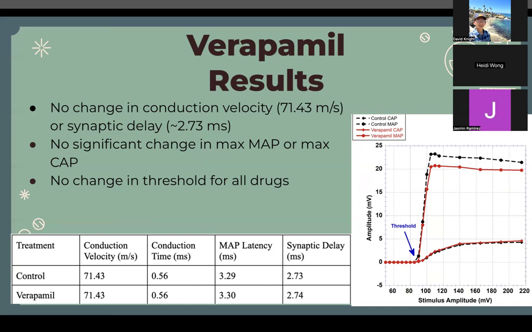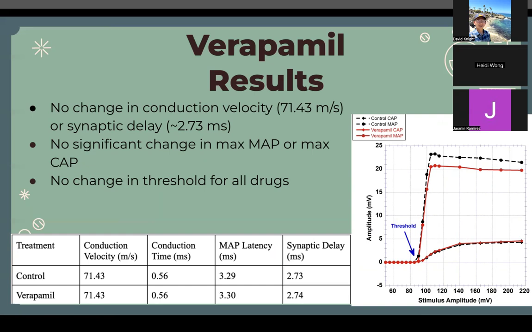There was also no change in the max MAP or the max CAP, along with no change in the threshold for all of the drugs. And the reason for this is because verapamil is an L-type voltage-gated calcium channel blocker that prevents calcium from entering cells during depolarization. And this leads to the frog being unable to contract its muscles.